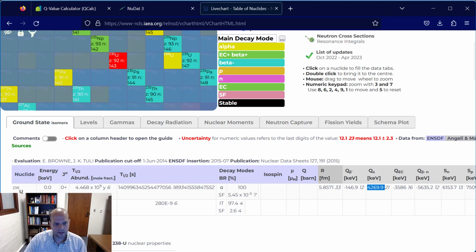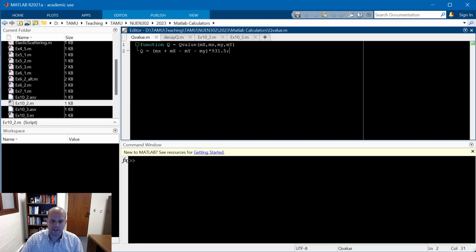So let's build ourselves some calculators here. And I'll step you through what I've done here. This Q value function is just one line long, right?